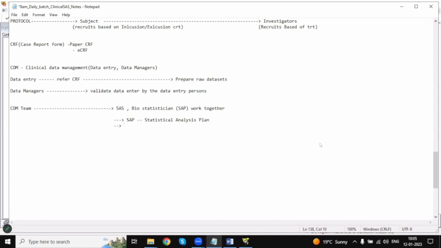They go through and understand the protocol for each study, and for that study they inform us, the SAS team, what reports are required. How do they prepare this analysis plan? It is prepared based on the protocol document.